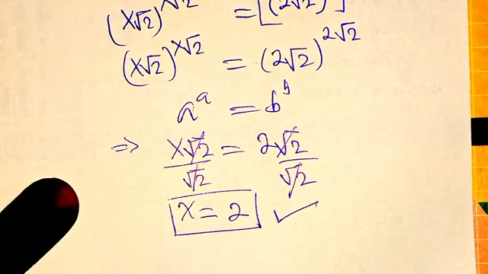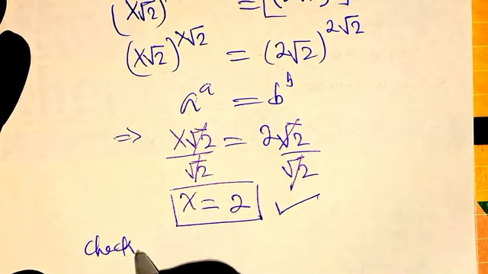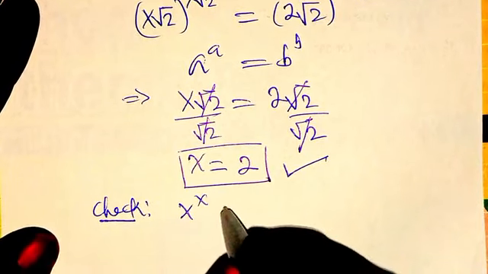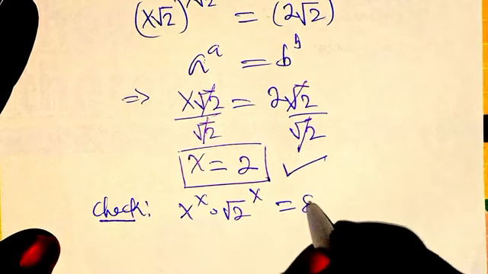You can see that 2 also belongs to the set of integers, that is, positive integers. So we can check whether we have the right answer or not. Now the equation is x to the power x, times root 2 to the power x, equals 8.